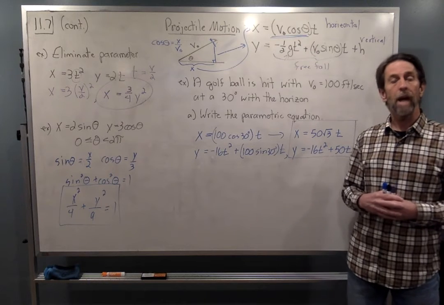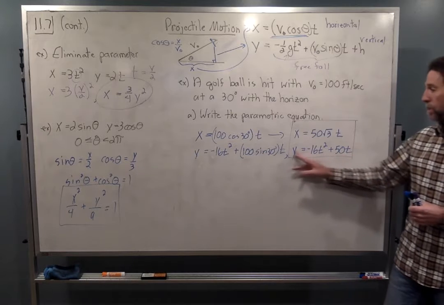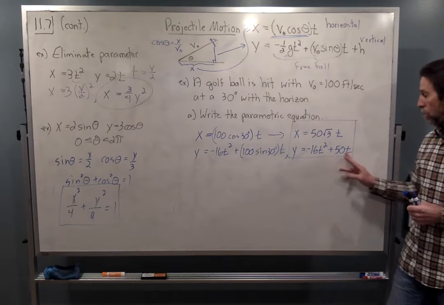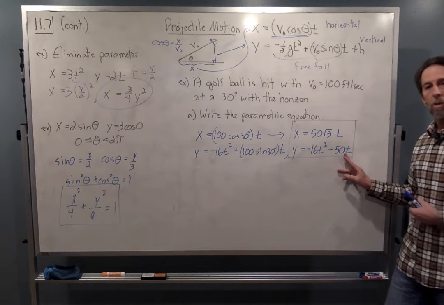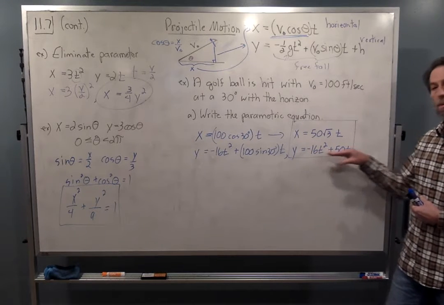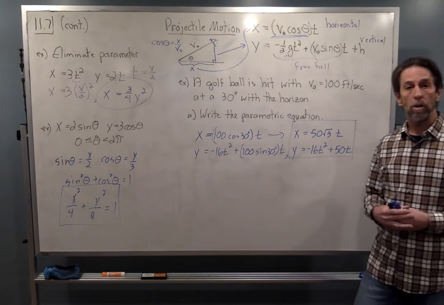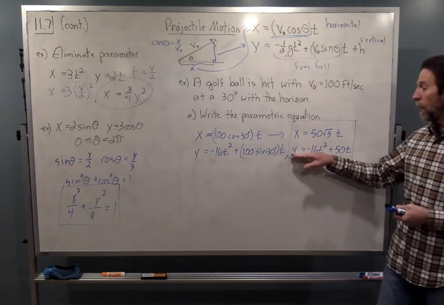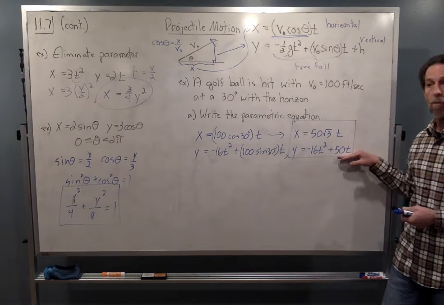Well, if I want to find out how long it's in the air, I would have to let this be 0. Because I know when time is 0, it's on the ground. When else is it going to be on the ground? So I would let the height be 0. I could ask, how far did the ball go? Well, I would first have to find out how long it's in the air, and let's just say it's in the air for 3 seconds.